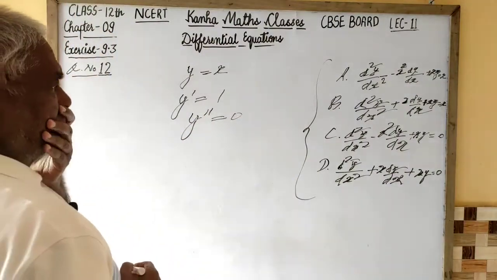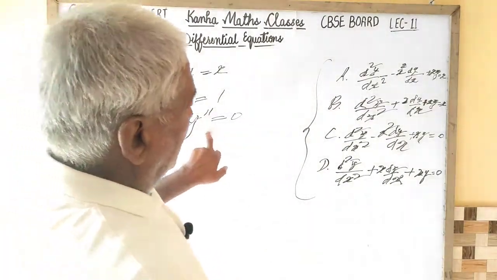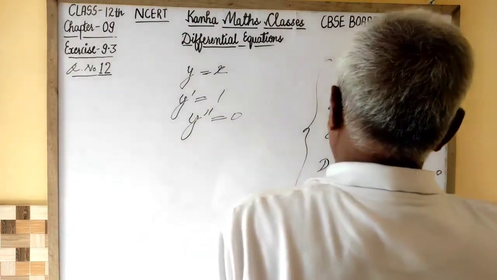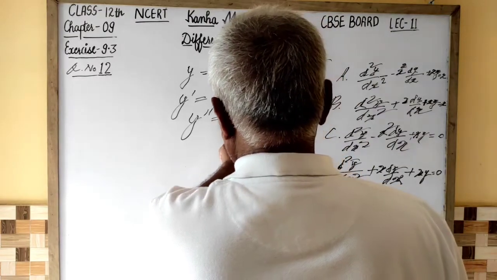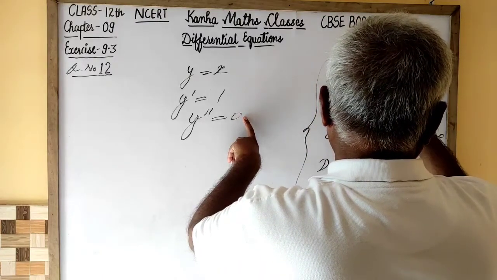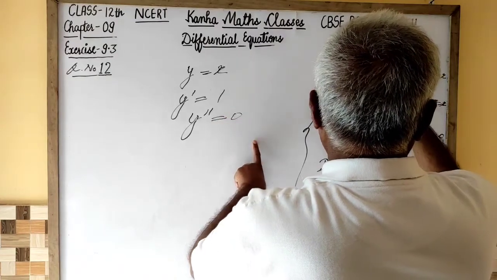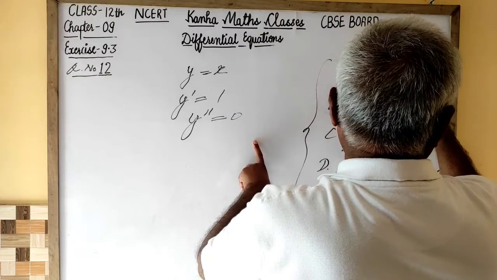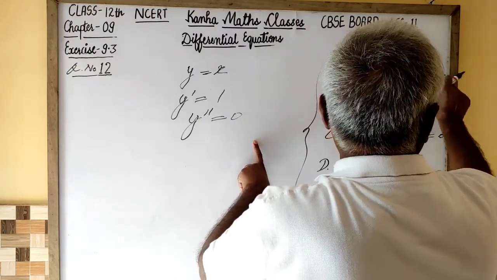Now, if you try to substitute these in alternatives A, B, C and D, in alternative A, y double dash is equal to 0, y double dash minus x square dy by dx, that is equal to 1. Here d square y by dx square minus x square plus x square is equal to x, but here we have written x.